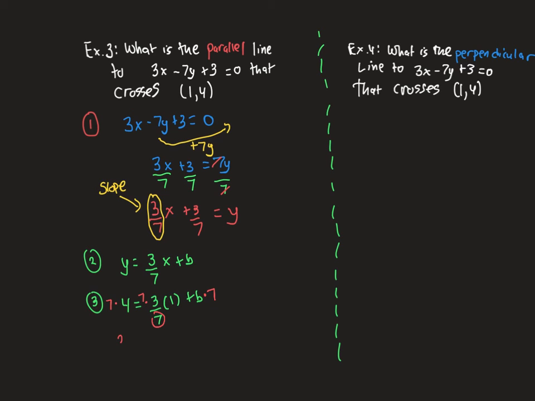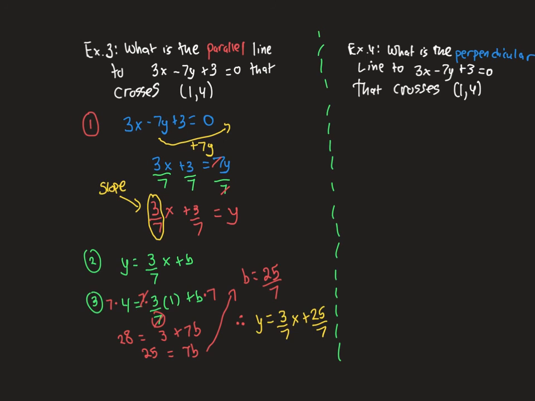Okay, so that's going to give me 28 is equal to, the 7's cancel out, leaving me with 3 times 1, which is 3, plus 7b. So 7b is equal to 25. So I'm going to continue over here, which means b is equal to 25 over 7. So therefore, my equation is y is equal to 3 over 7x plus 25 over 7. Okay.